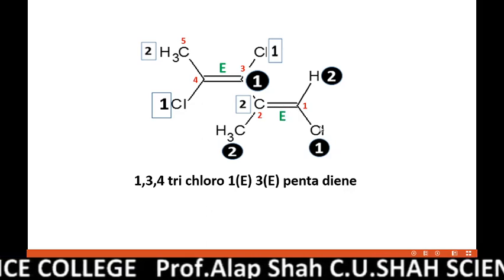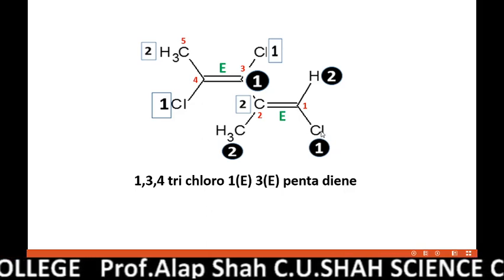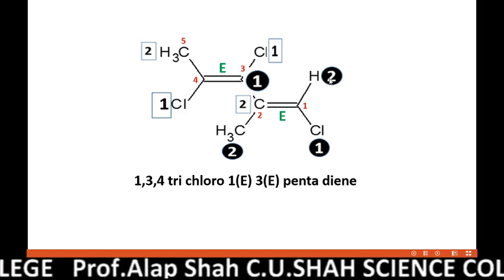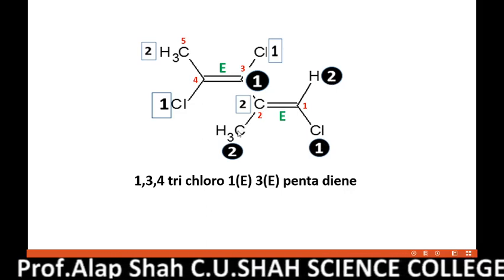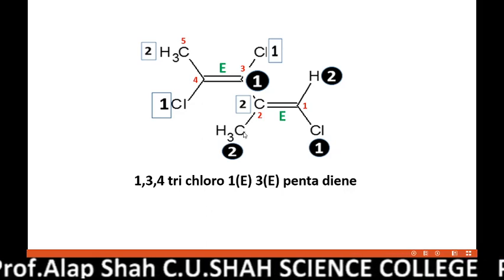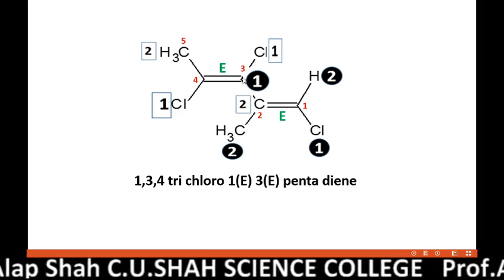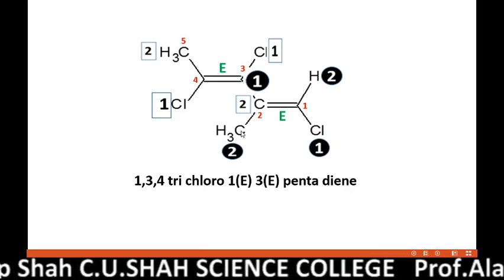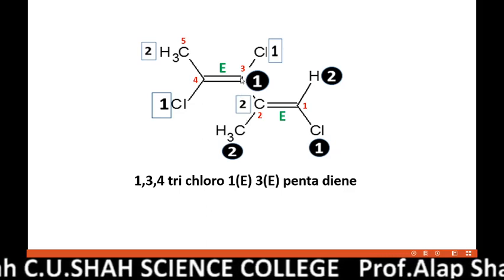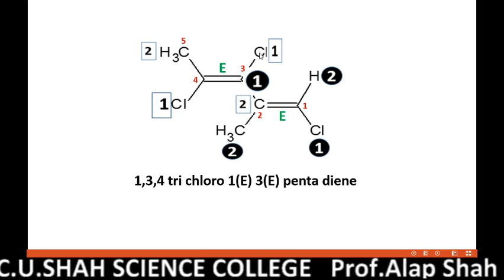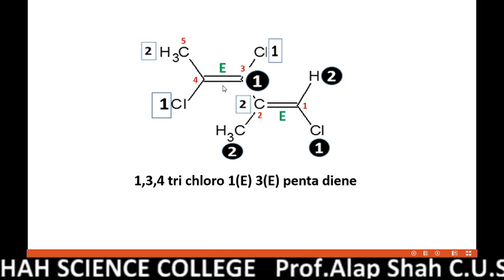Same thing: with this carbon there is a chlorine and a hydrogen. So obviously chloro takes first priority and hydrogen second. Now this carbon, on one side is attached to CH3, so directly attached is carbon, and here also there is a carbon, which is not written because of the double bond. So when carbon and carbon are the same, we compare the other atoms. Here this carbon has chloro, a 17th element, and is attached to another carbon via a double bond.